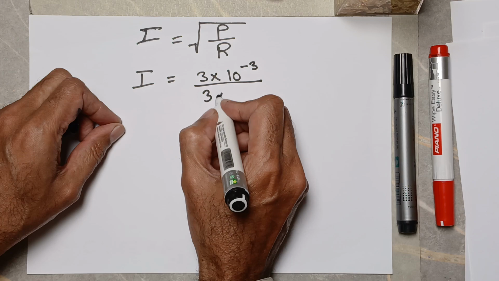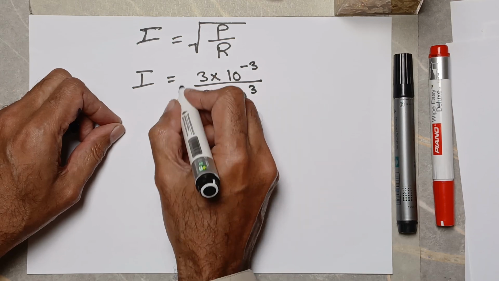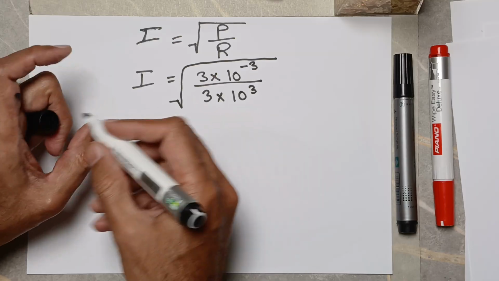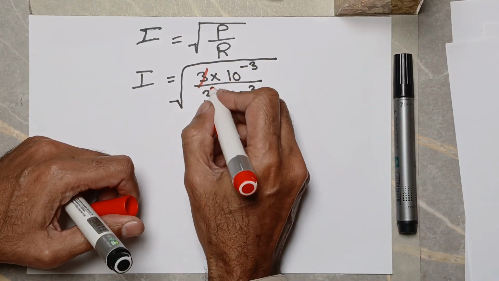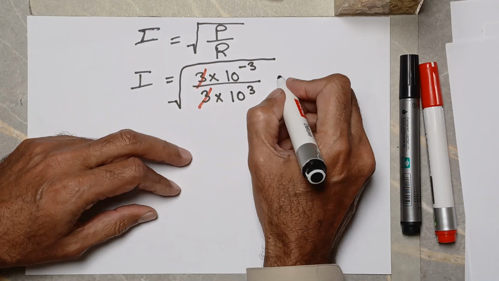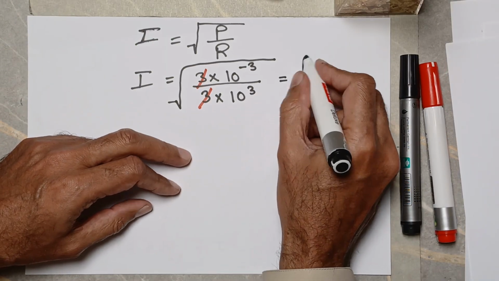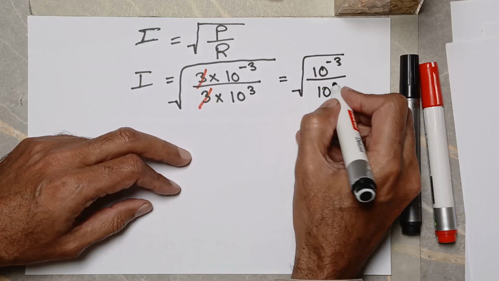That was also 3 times 10 raised to the power 3 ohms. Now this 3 will be cancelled out with this 3. And what are we left with? We are left with only 10 raised to the power minus 3 and 10 raised to the power 3.